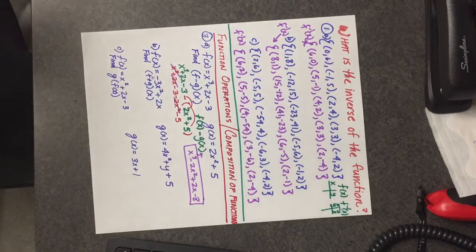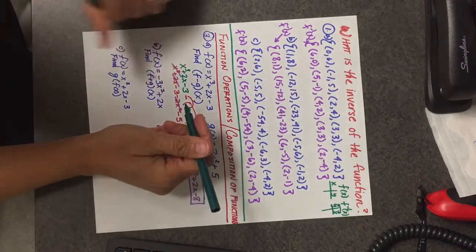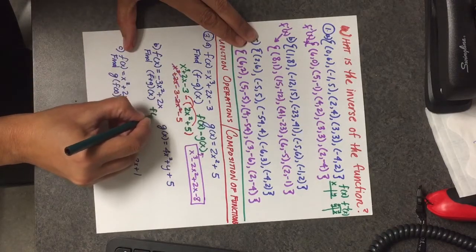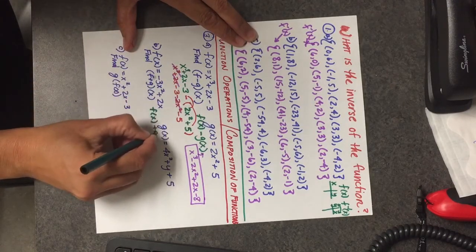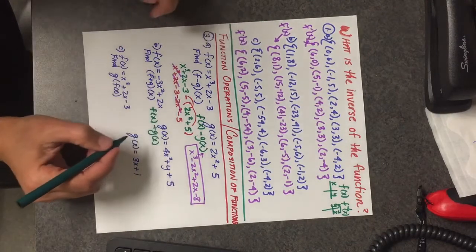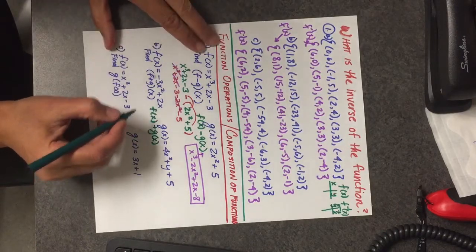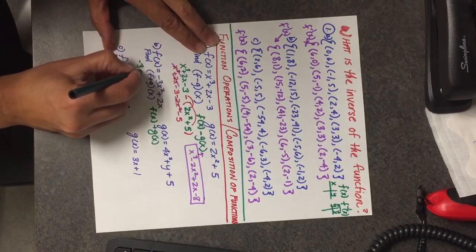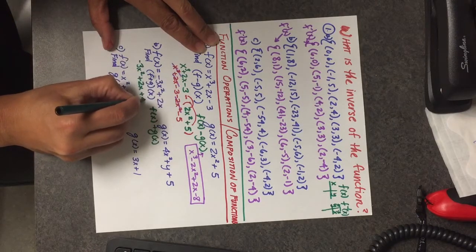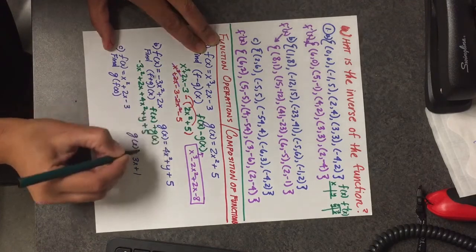So let's look at the next one. The next one is actually addition. f plus g of x means f of x plus g of x, just like in the previous example. So let's go ahead and set it up. This one will be a little bit nicer because it's positive, so we don't have to do any sign changes. So I've got negative 3x squared plus 2x plus 4x squared plus y plus 5.